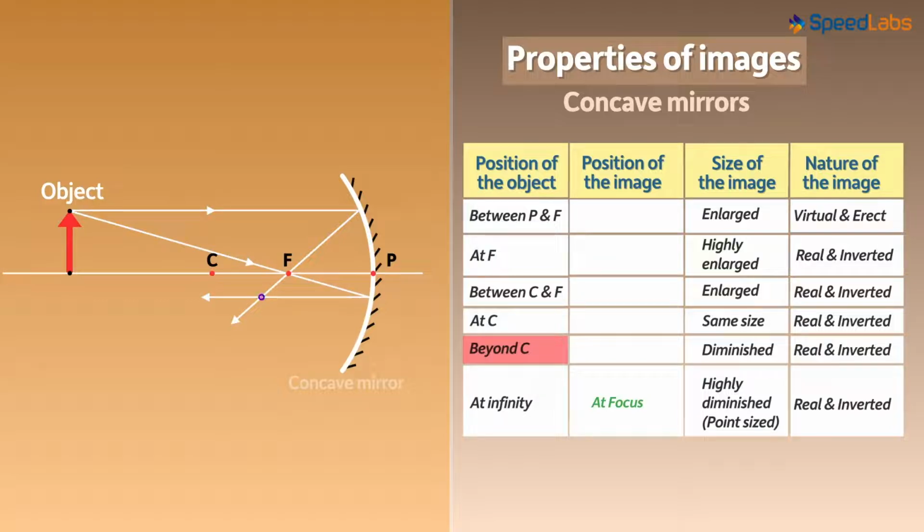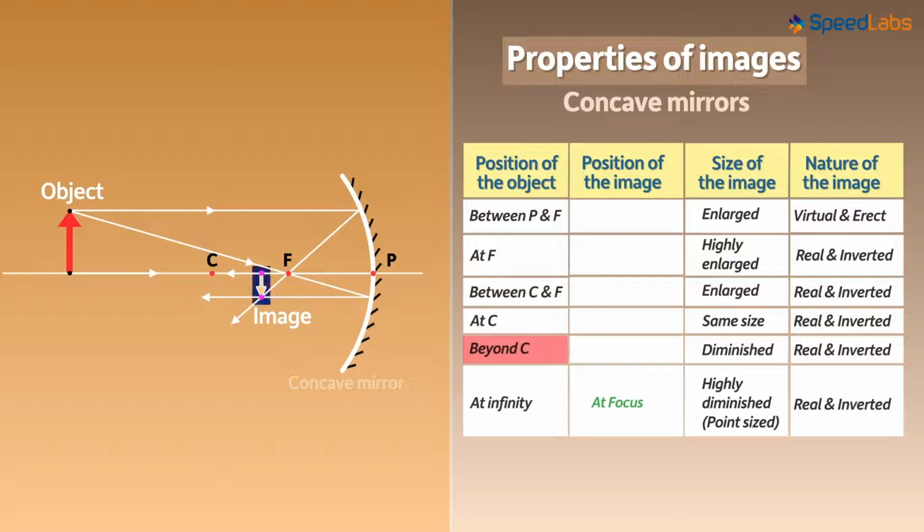And the point at which they meet is the location of the required image. In our case, it's the location of the image of this point of the object.